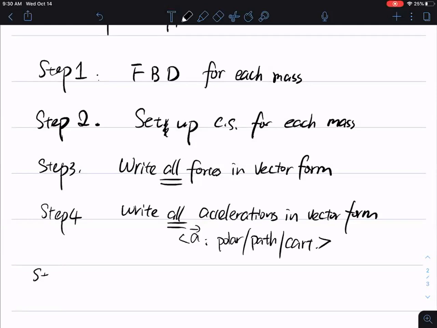All right, step 5 is to assemble all the vector forms of forces and accelerations into Newton's second law. So write out the sum of forces equals ma. So this will give you a vector equation.